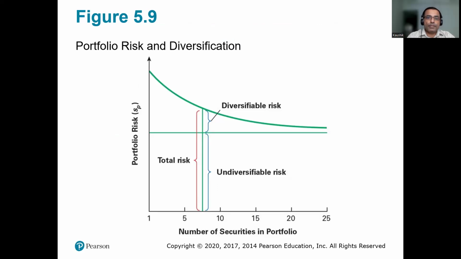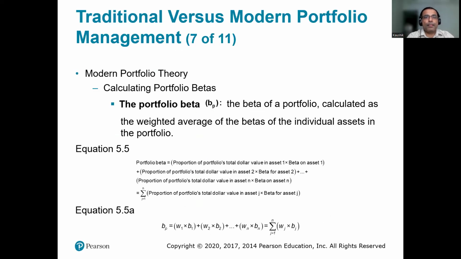So what happens is, as we add securities to a portfolio with a higher number of securities, the diversifiable risk decreases. That is what portfolio diversification is all about. So we calculate the portfolio beta because that is important.